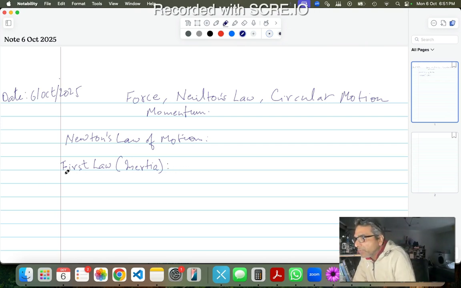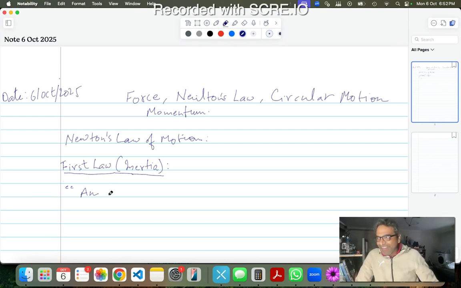Okay. So the first law of motion is also called the inertia law. What does it state? By a net external force. Okay. The keyword is net external force. Why am I emphasizing it?